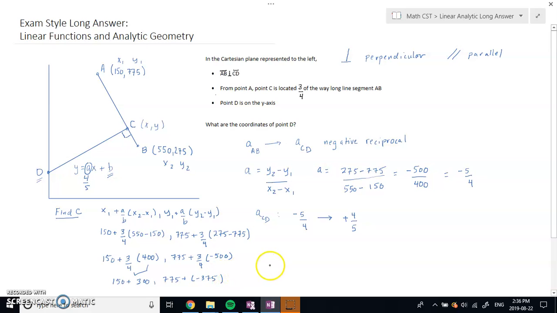And when I finally add those two numbers up, the answer I get, I'm a little bit out of room here, is 450 and 400. So those are my values for point C, which is perfect.